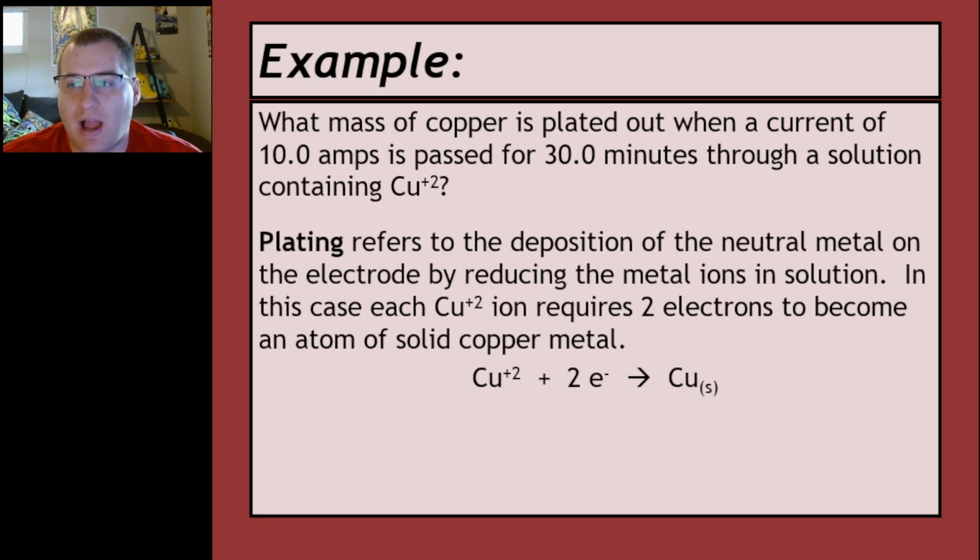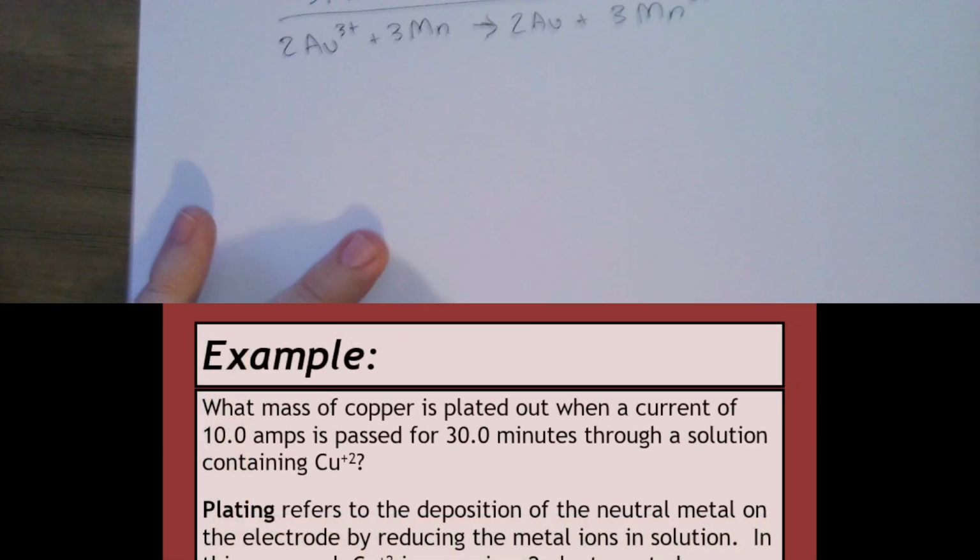So I'm going to take a piece of metal and place it in a solution of copper 2+ and pass electricity through it. And over time, that copper 2+ in the solution will change into just regular copper. It's going to reduce to form standard copper. Okay. So we have some information here. Let's go ahead and gather this and then talk about what we're going to do.